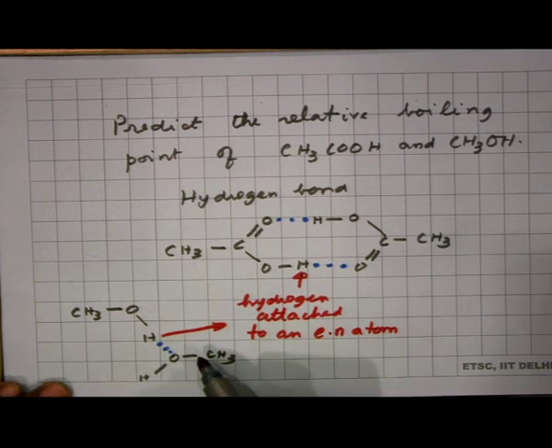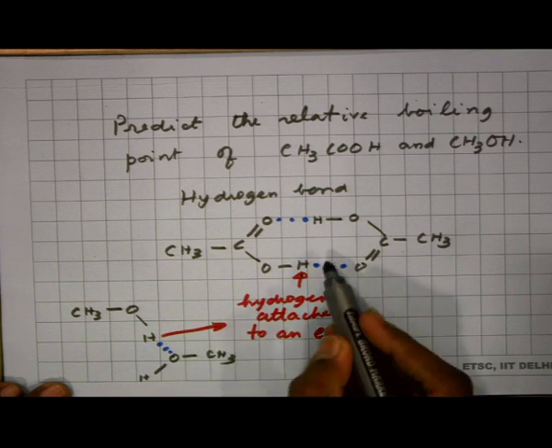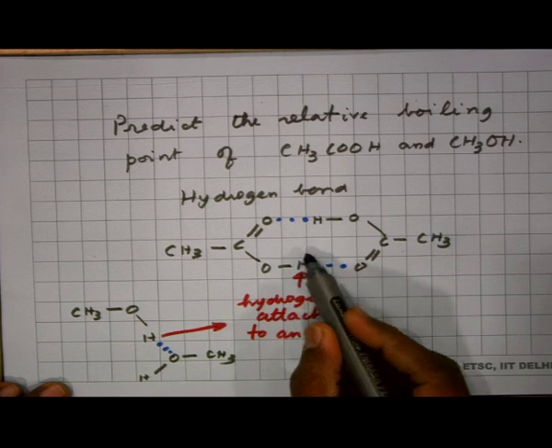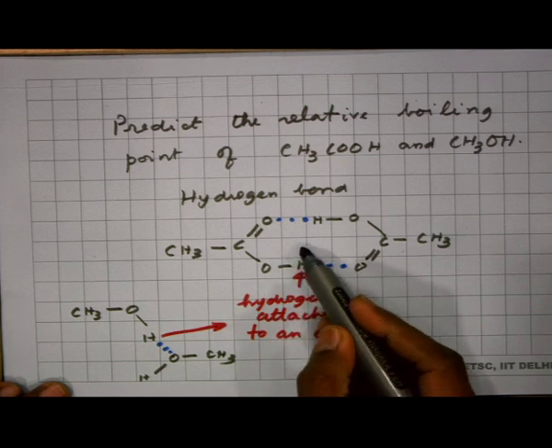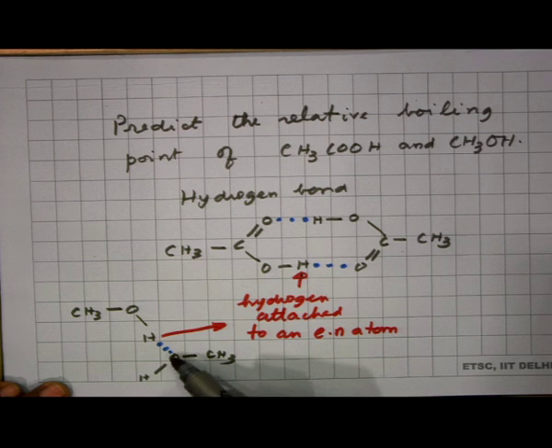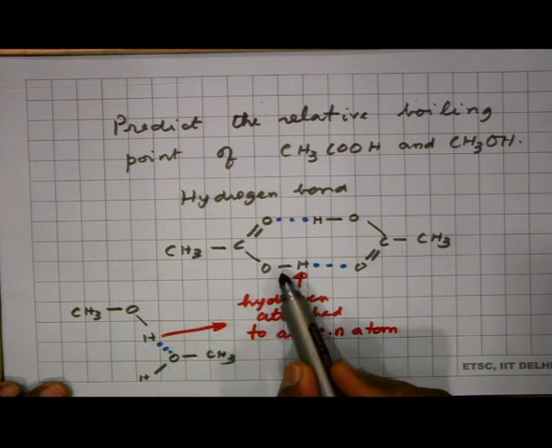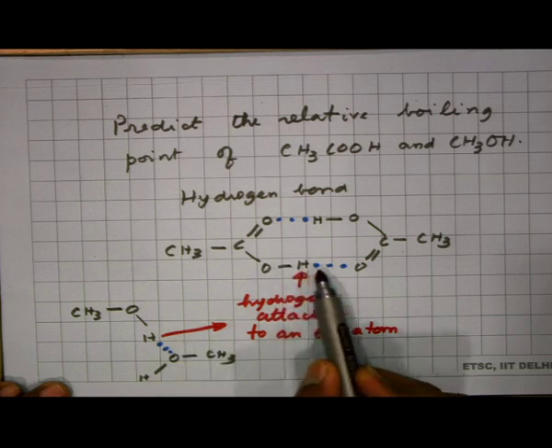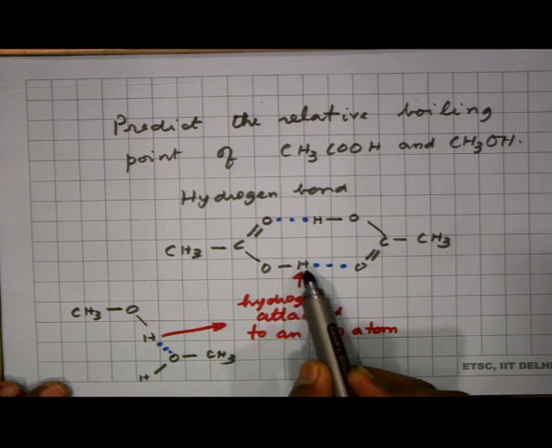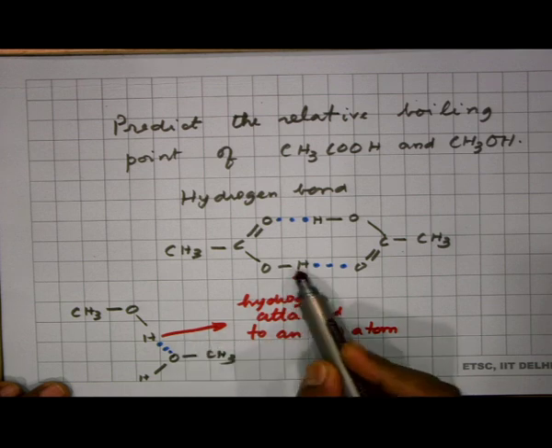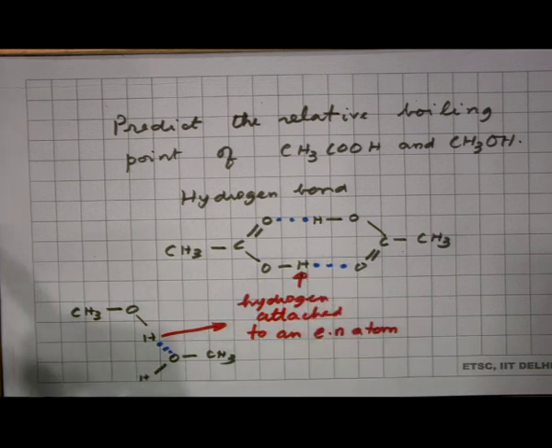So, this also could in principle undergo hydrogen bonding, but the difference is that in acetic acid you have the possibility of 2 hydrogen bonds as opposed to methanol, where there is only 1 hydrogen bond, and the strength of the hydrogen bond is also higher than in the case of this, because this is an acidic proton.